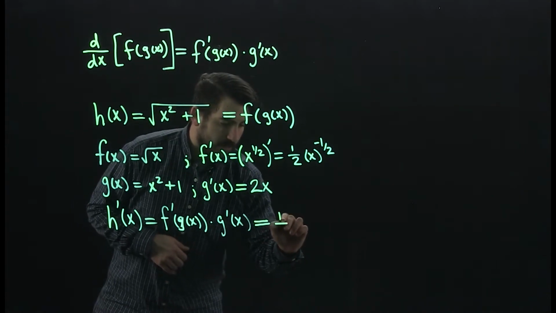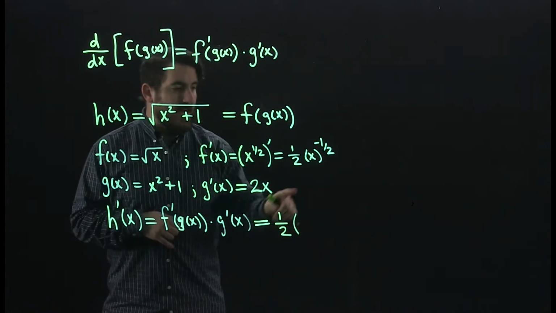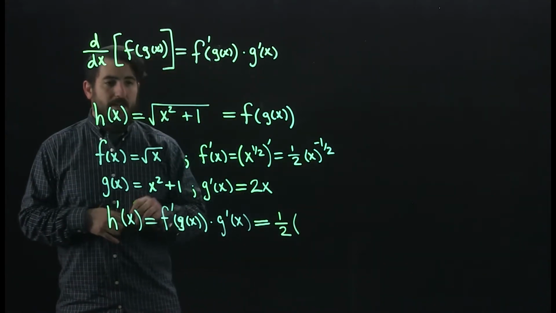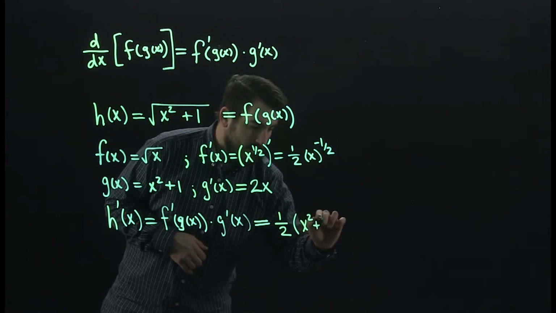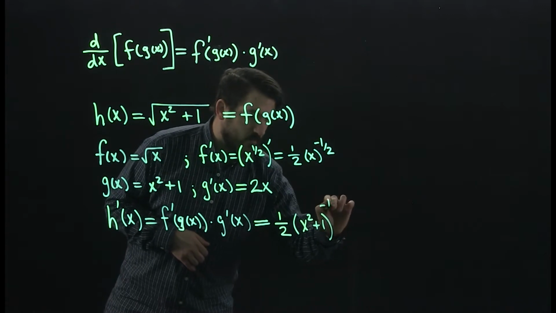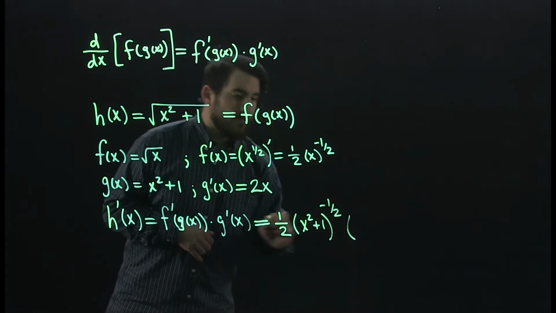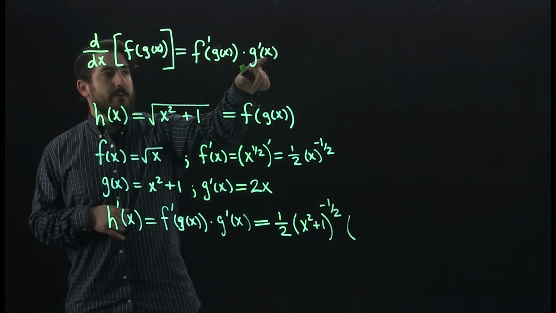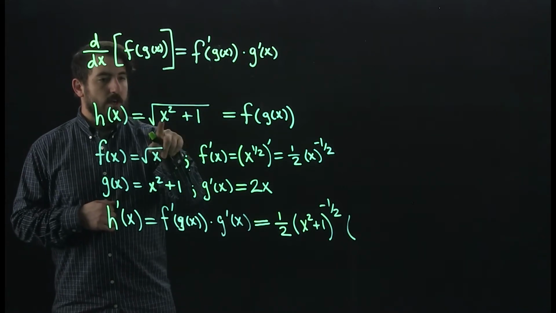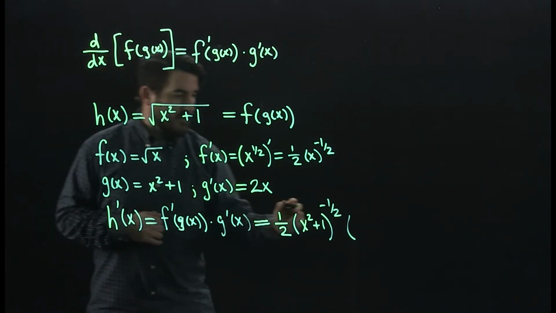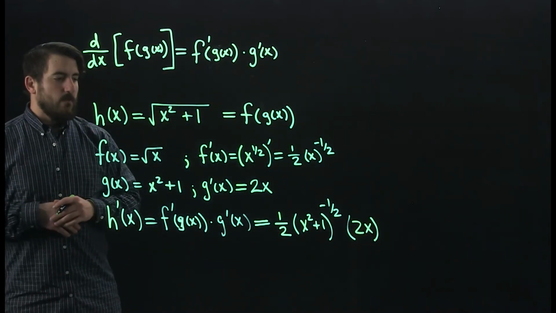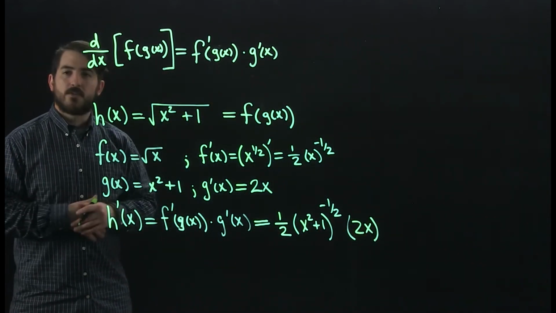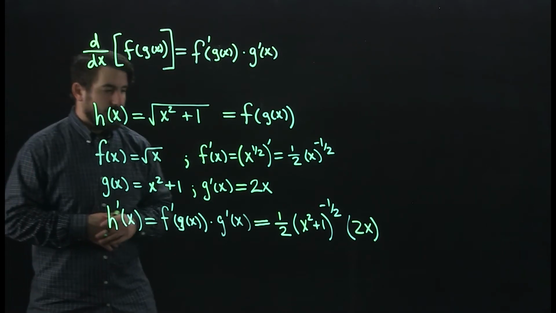So this is going to be 1/2, and again, instead of x, I'm going to rewrite the inside, x squared plus 1, to the negative 1/2. Then I'm going to multiply it by the derivative of g, the inside function, which is 2x. And so that would be a not reduced form of the derivative.